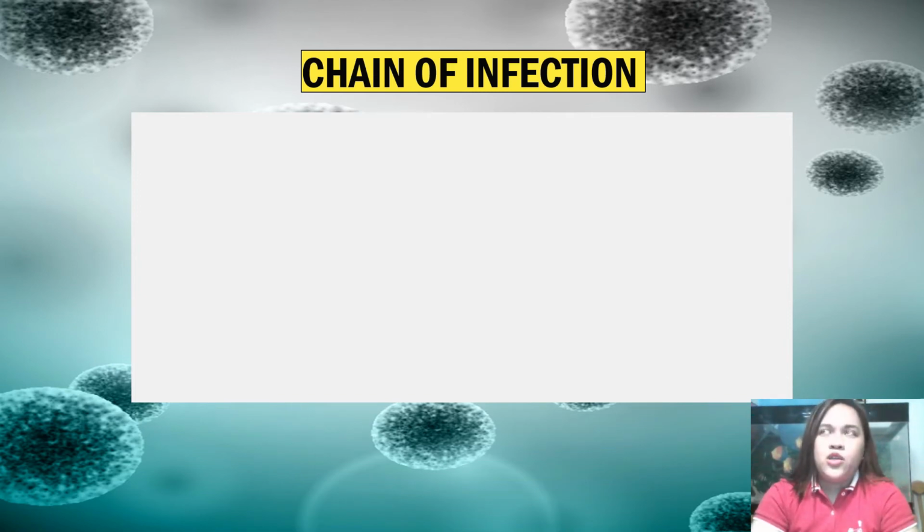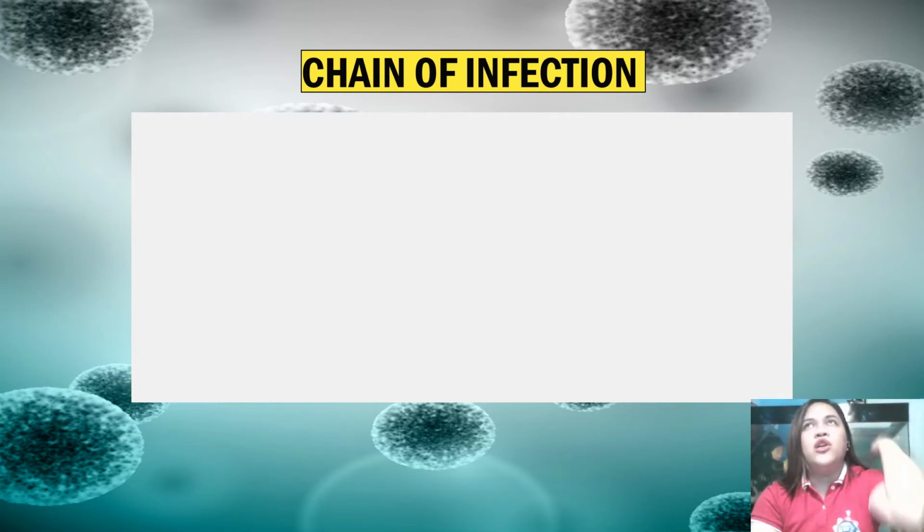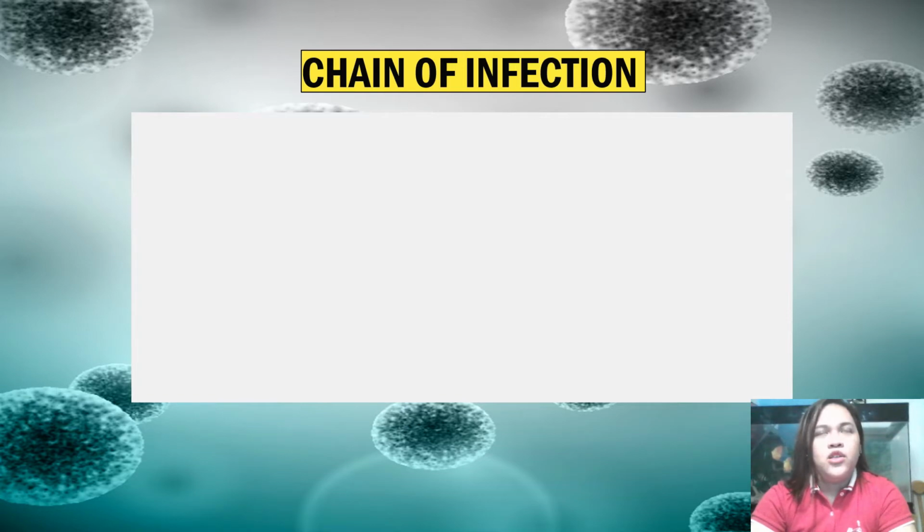So the question right now is, when does E. coli become harmful? When does E. coli become a pathogen? A microorganism becomes harmful to the body when it leaves its normal home.